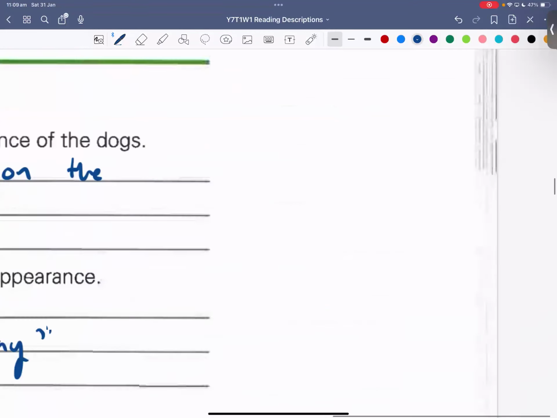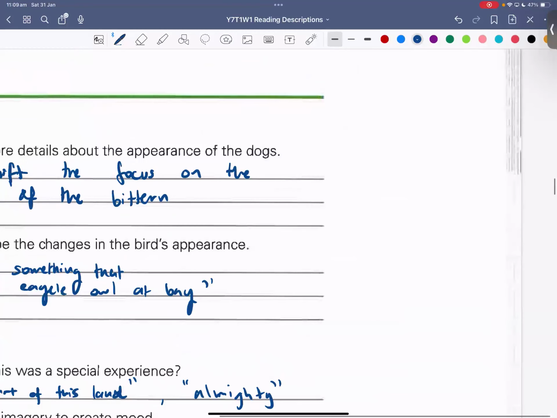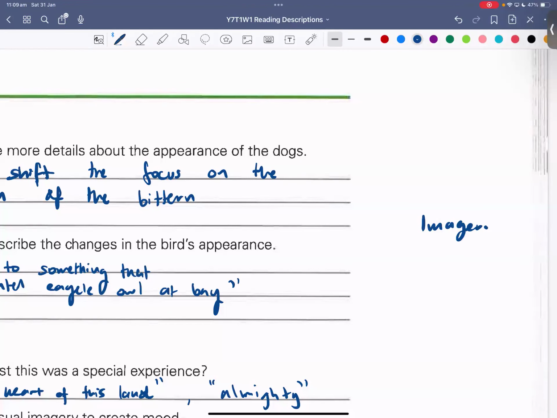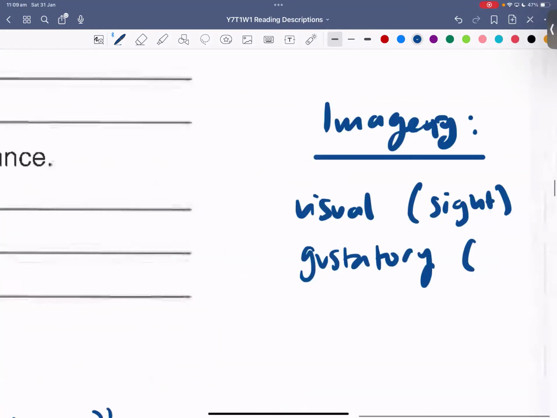So if we're going to go with our different types of imagery, we have visual imagery, which is what you can see, things that describe your sight. We have gustatory, which is what she said, and the way I remember the meaning of this one is gustatory has the word gut in it, G-U-S-T-A.